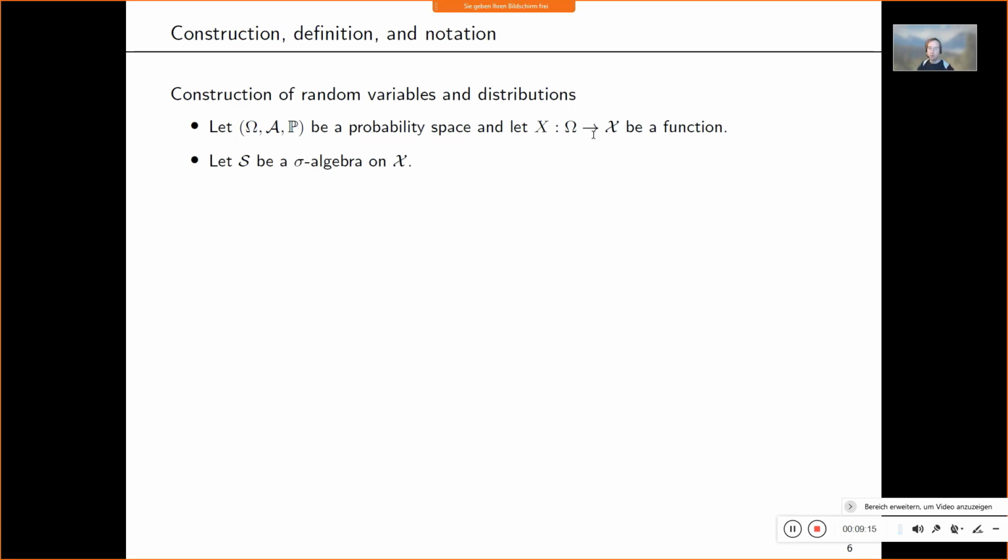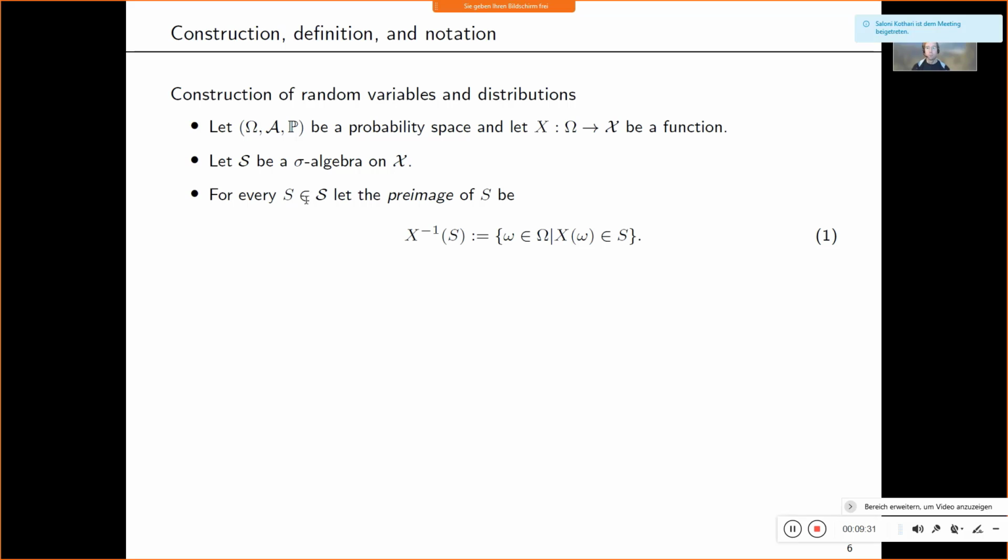And we assume that on this other space, calligraphic X, we can also define a sigma algebra, which we call calligraphic S. Then for each set S in the sigma algebra, we define what we call the pre-image of S. The pre-image we denote by X superscript -1.